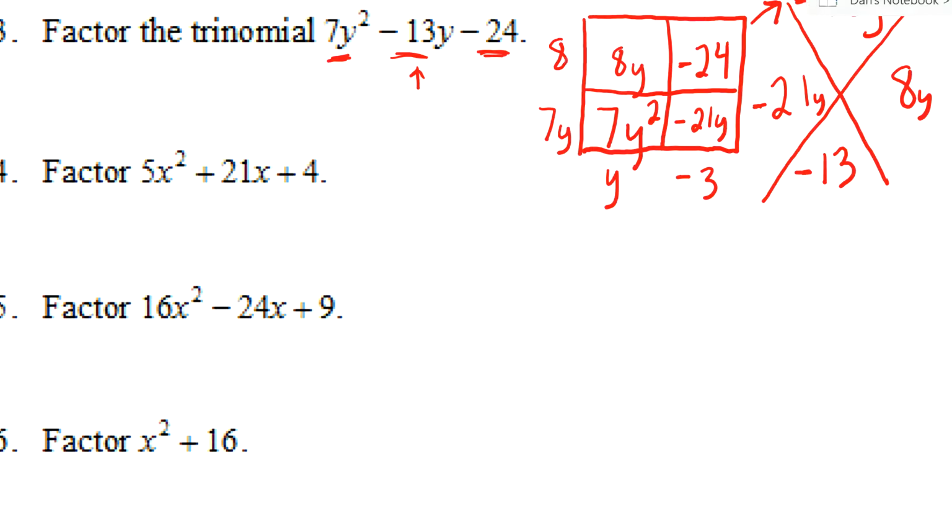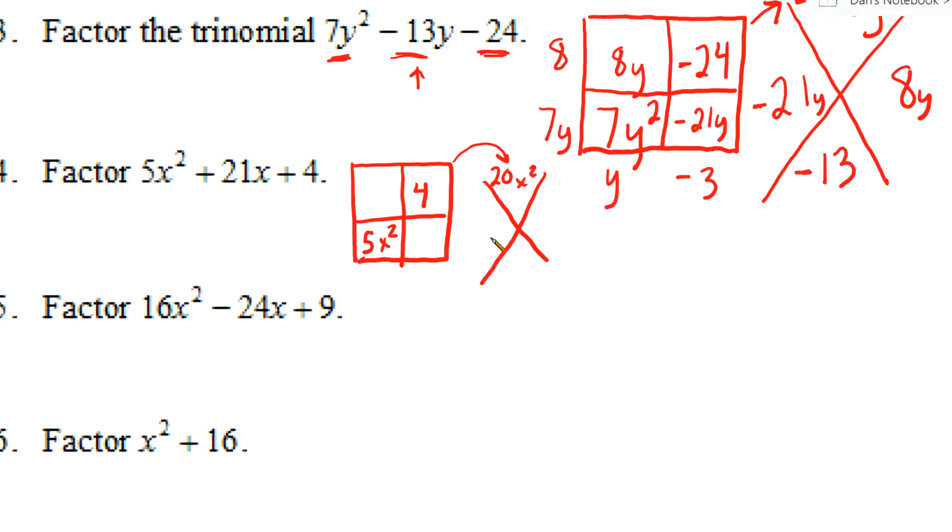Number 4, same idea. We can factor here, so we can use our area model. This one should be a little bit easier, with smaller numbers. 5x squared times 4 is 20x squared. Put it in a diamond problem. It has to add to 21x.